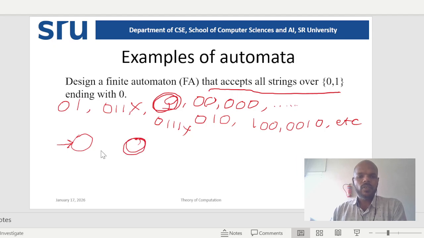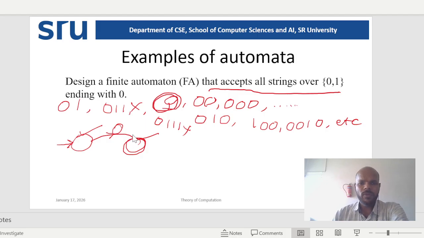We know from yesterday that the starting state is represented by a circle with an arrow mark and the ending state is represented by a double circle. Now you write the transition from the starting state to the ending state on 0. I am trying a brute force technique here.